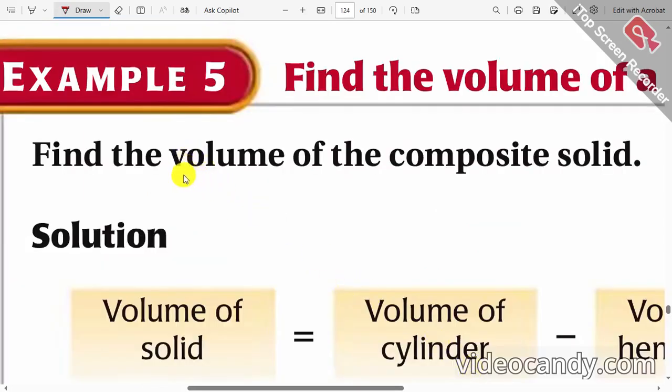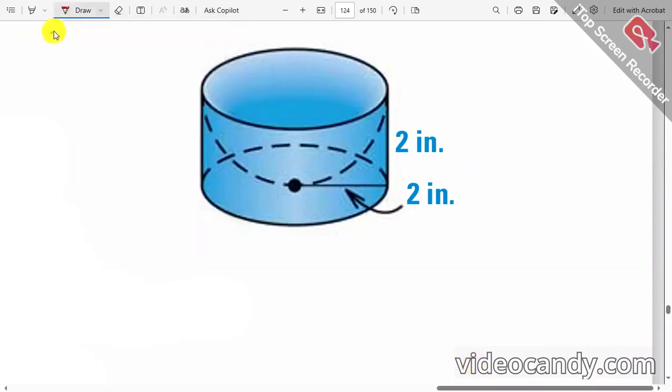All right, example 5, they want us to find the volume of the composite solid. Let's look at the diagram. This might be a little hard to see here in the diagram, but we have a cylinder.